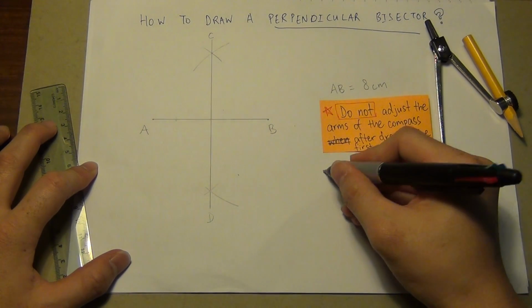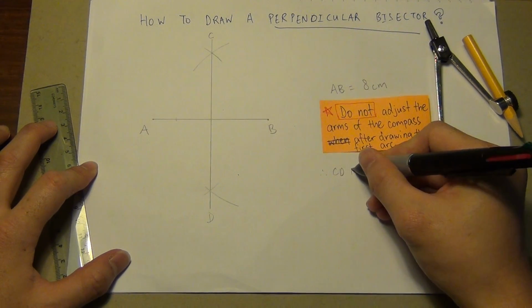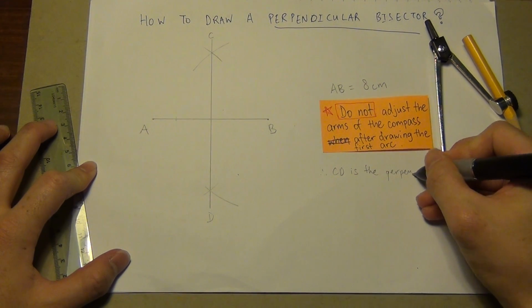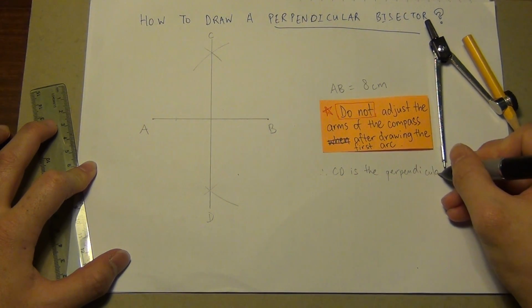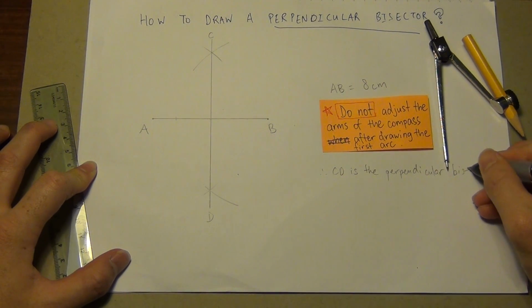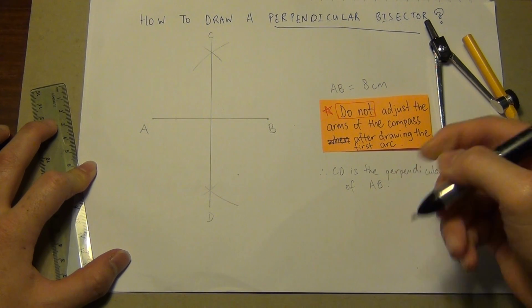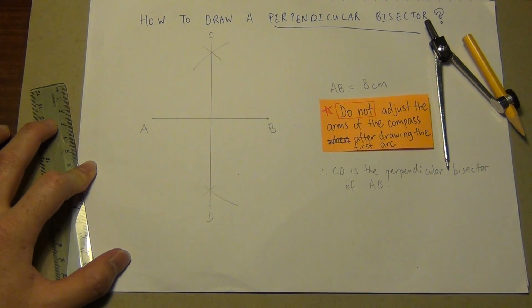CD is a perpendicular bisector of AB. This means that CD cuts AB.